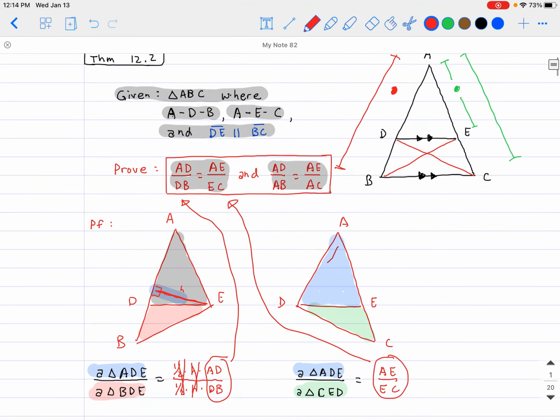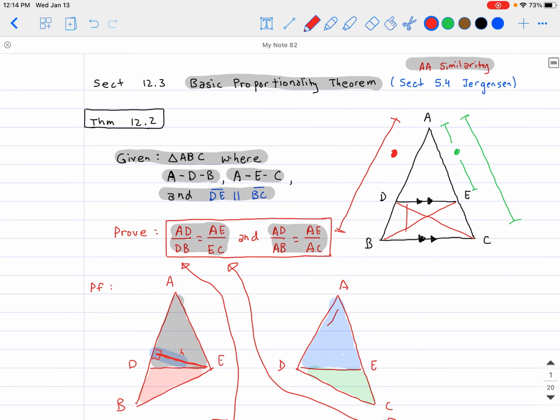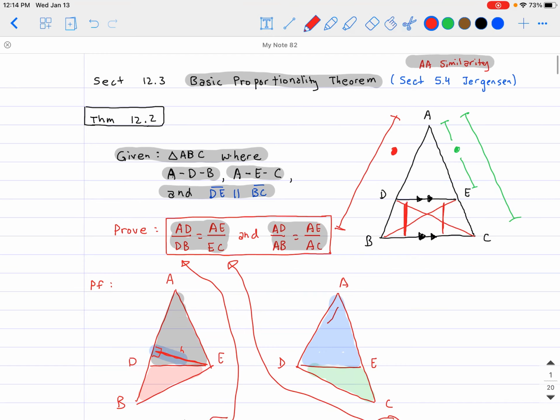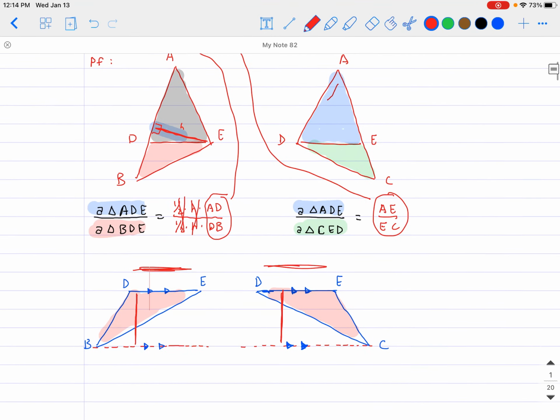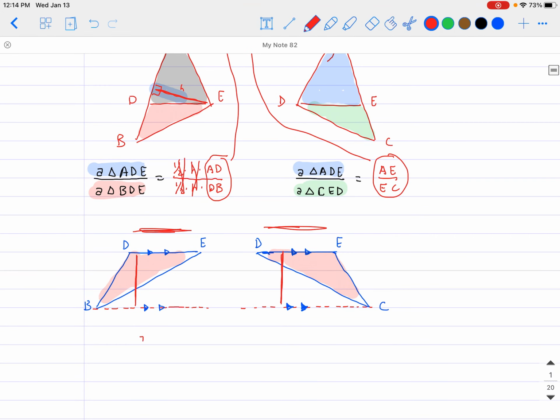If I go back to the other triangle, you'll notice that this length and this length are both heights. They're going to be the same thing. So if they both have the same base and the same height, then the area of triangle BDE is equal to the area of triangle CED.